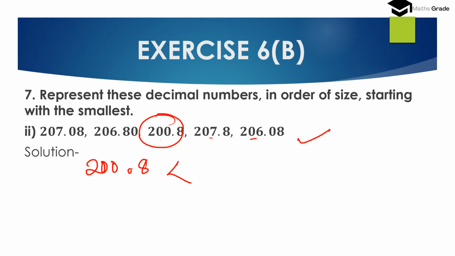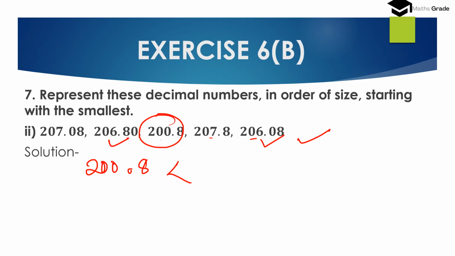Now after 200, the whole number 206, but there are two decimals which have 206 in the whole part. This is 206.80 and 206.08.